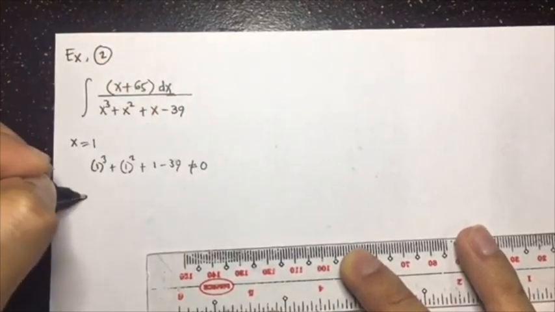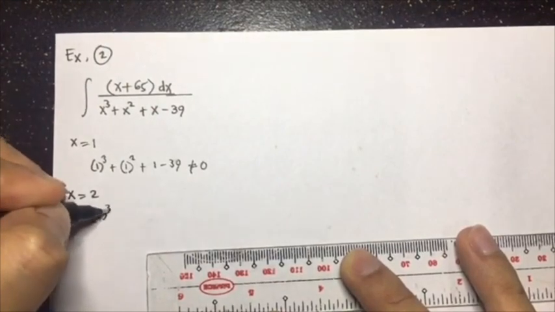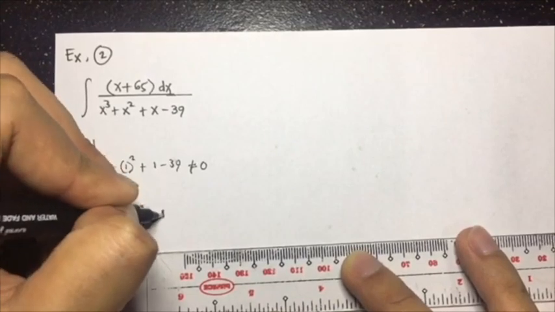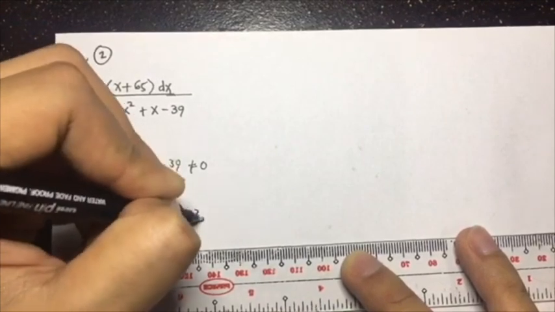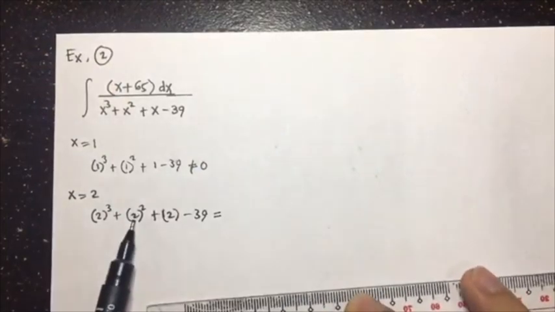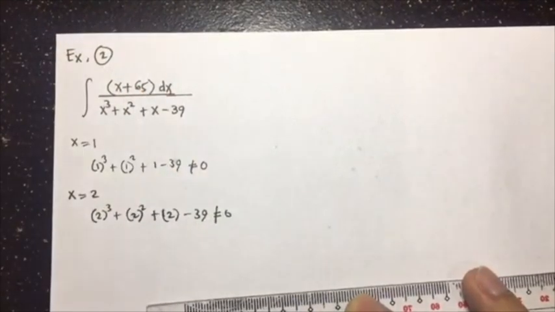How about x equal to 2? We have 2 cubed plus 2 squared plus 2 minus 39. This is 8 plus 4, 12, plus 2, 14, minus 39. Still not equal to 0.